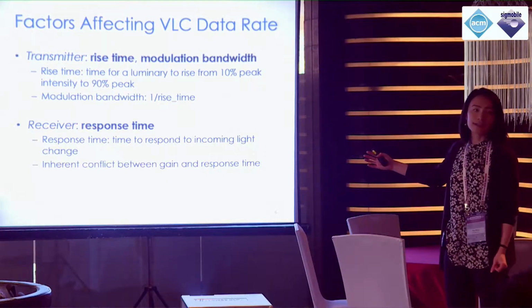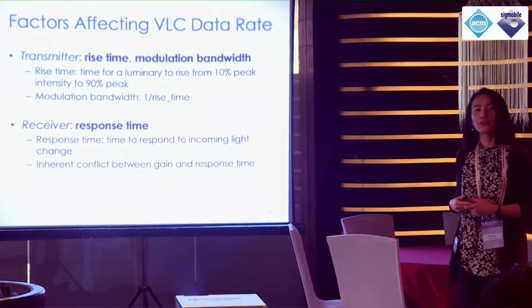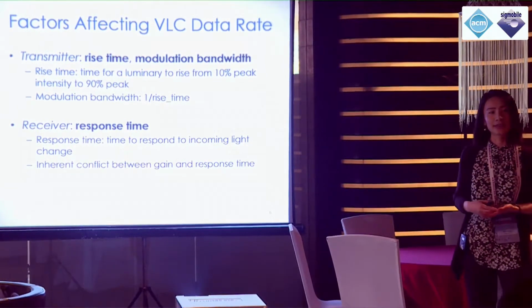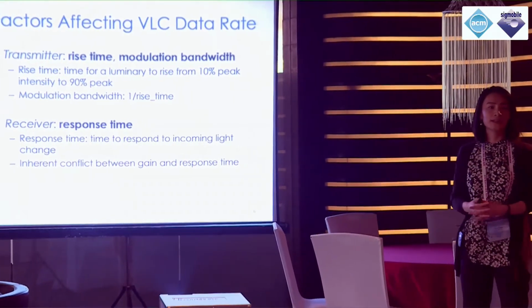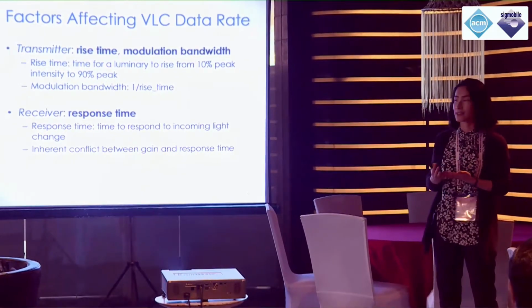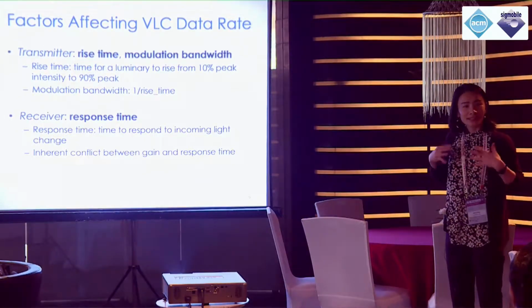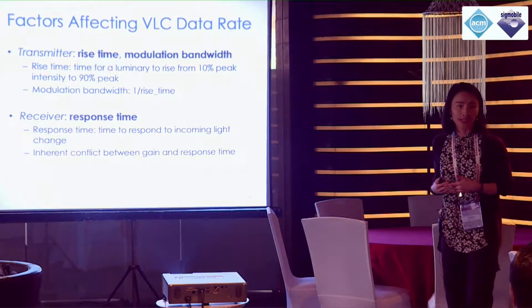Another factor affecting the speed is how fast the receiver can react to the changes in the intensity. That's called the response time, describing the speed of the photodiodes reacting to the changes in the light intensity. That will depend on the type of photodiodes that you are using.